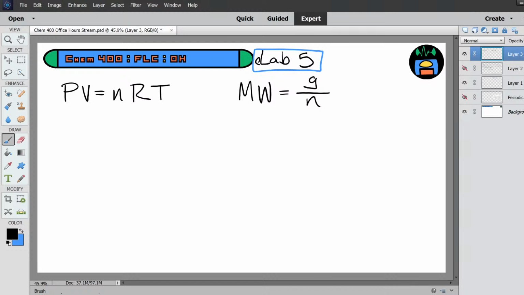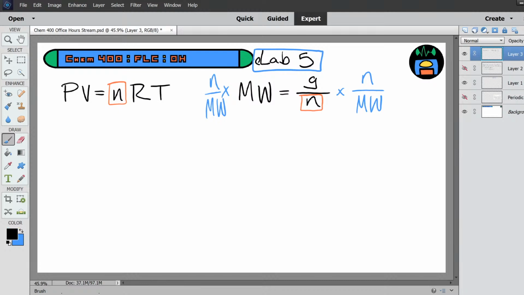Now, the one variable that these two equations have in common is moles, all right? So if we isolate moles in one, we can substitute into the other, which is exactly what I'm going to do right now. I'm going to multiply both sides of the equation for molecular weight by moles over molecular weight, and you'll see why in just a moment.